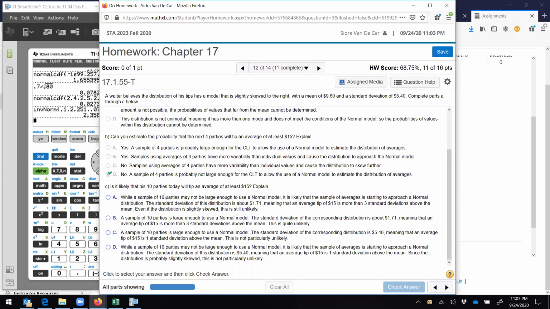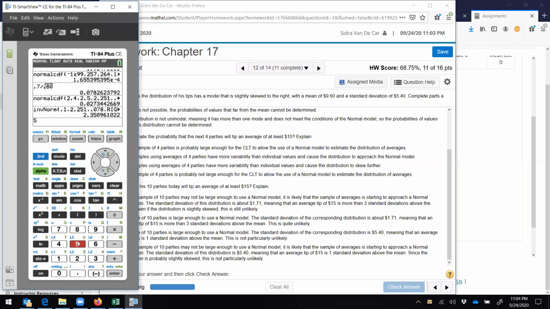So let's see how many standard deviations up that would be. 5.4 divided by the square root of 10 is 1.708. So if our mean is 9.6 plus 3 times those standard deviations, it would not approach $15. So no, it's not likely.